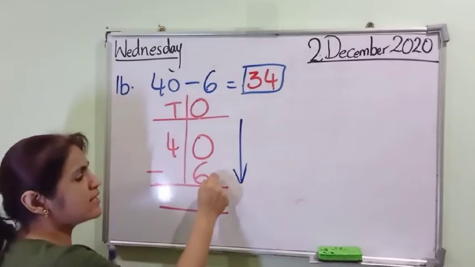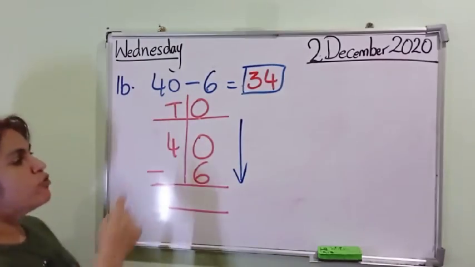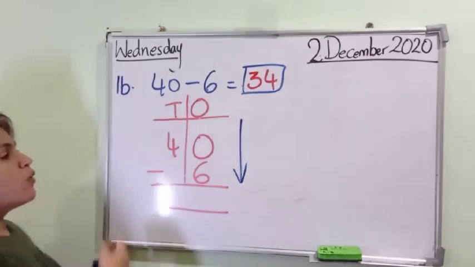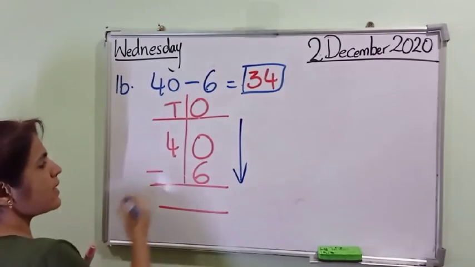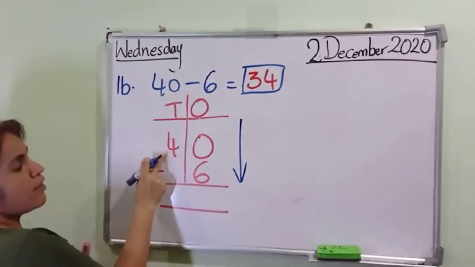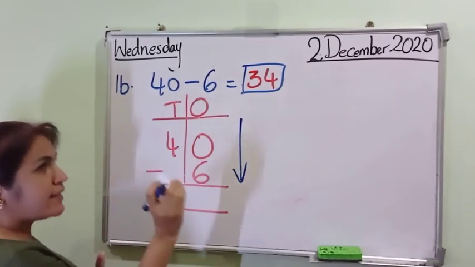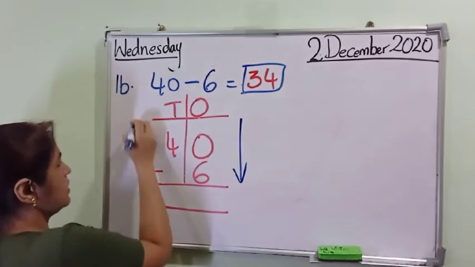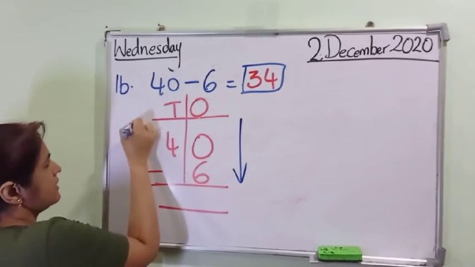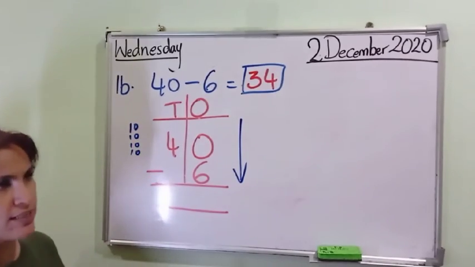Okay, your 6 friends come to see you and you have no sweets to share. What do you do? You borrow from mommy. You say, mommy, may I have some? Mommy says, okay, there are 4 packets of 10 sweets. Each packet has 10 sweets, so 4 tens, 10, 20, 30, 40, 4 tens.